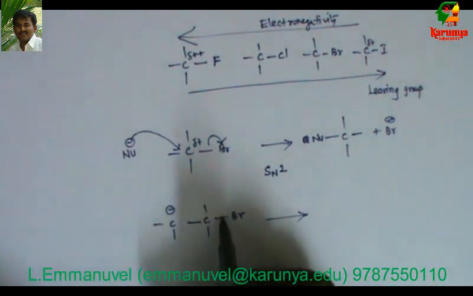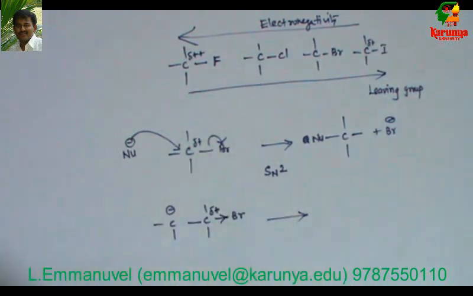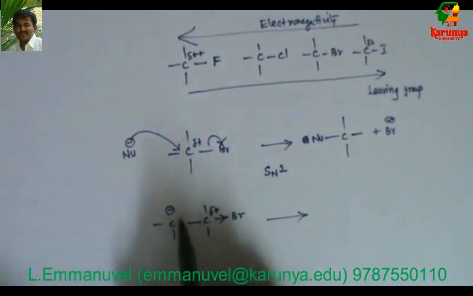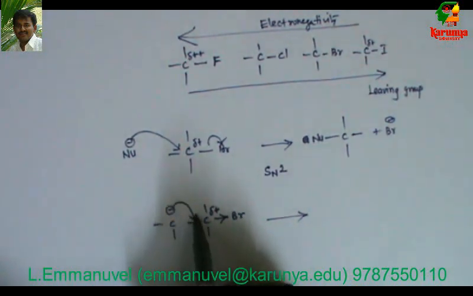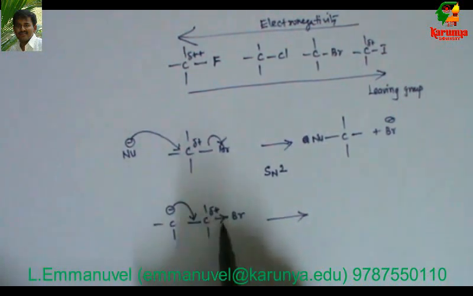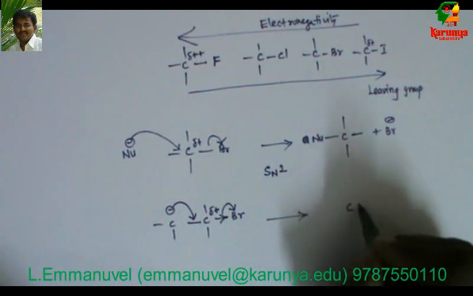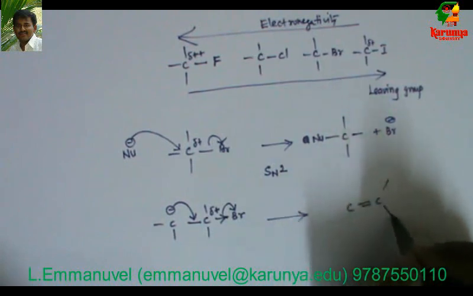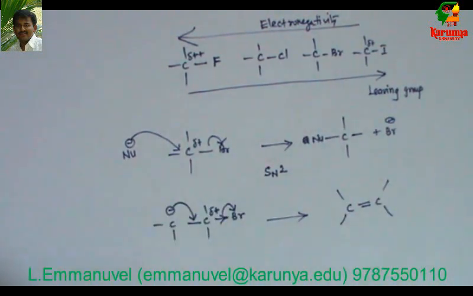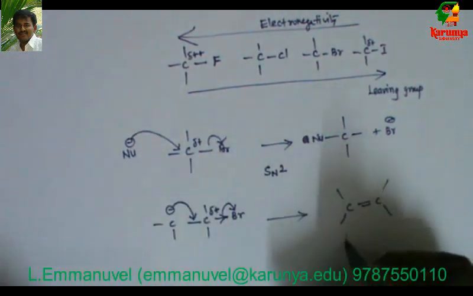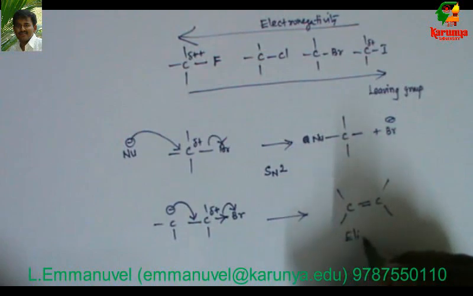You may know, because of the electronegativity of the bromine atom, we have positive charge here. In order to fulfill that, this will fall. During that time, the valency increases, so the Br gets eliminated, and what we get is an alkene. So this reaction is called elimination.